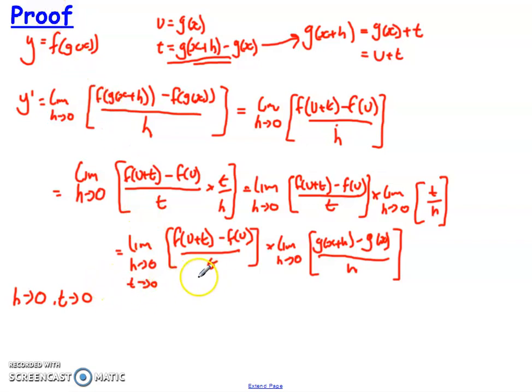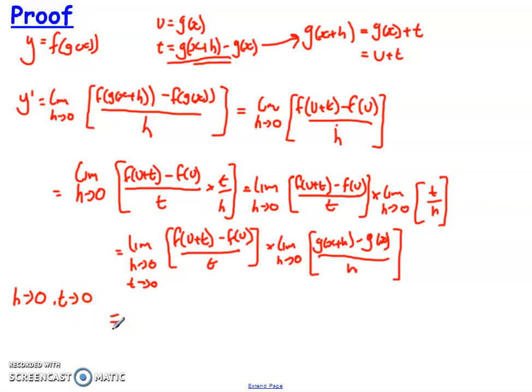It's the same logic as we would use previously when calculating the derivative. It's the difference between two consecutive parts. The only difference is in this one, f of u plus t take away f of u, this time, the t is the difference between them. So that's what we base it on, t tending towards 0. That's why, as h tends towards 0, t tends towards 0 as well.